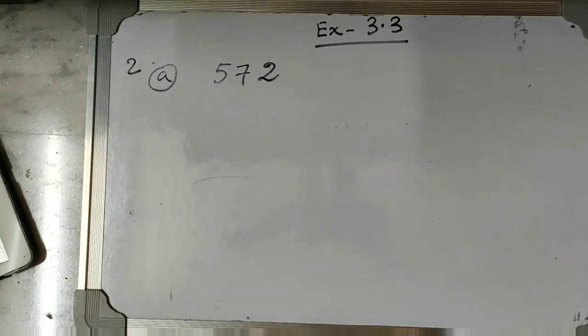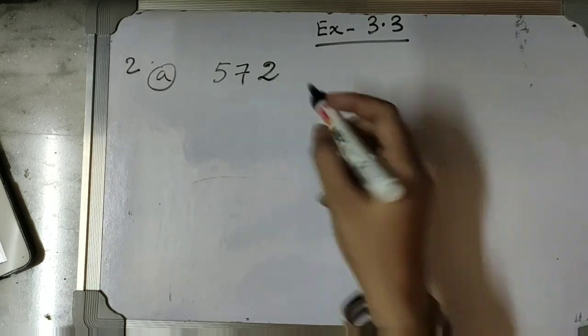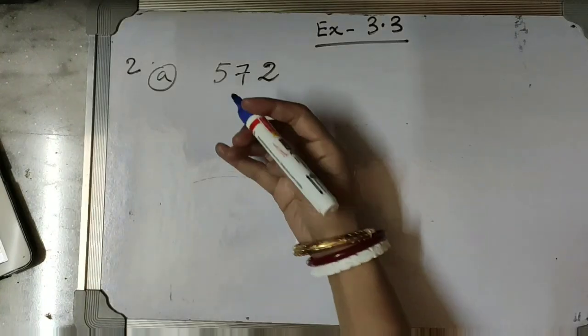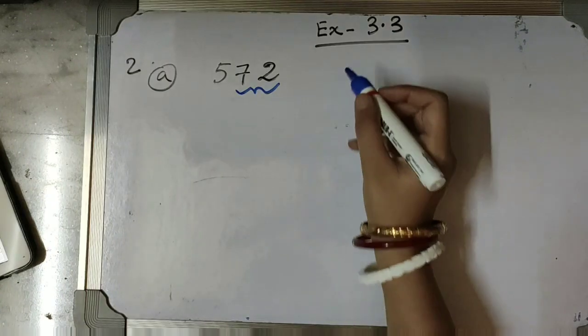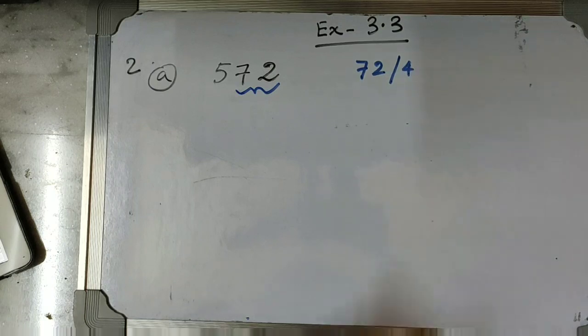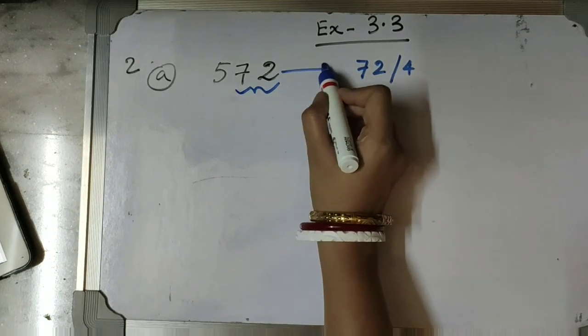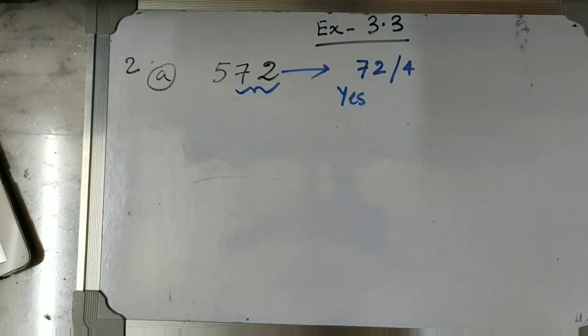In the first sum, it is given 572. For checking the divisibility by 4, we will check the divisibility of the last 2 digits. 72 is divisible by 4, so the number is divisible by 4. Now we will check the divisibility by 8.